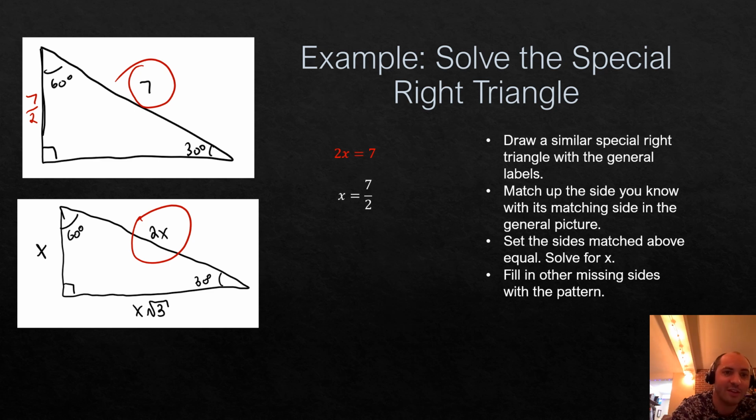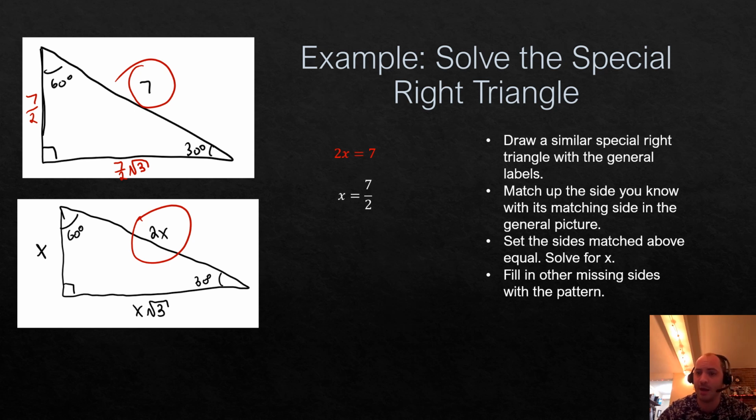So x is 7 halves, and 7 halves times the square root of 3 is what I have for that leg length there. And I've now solved my 30, 60, 90 triangle using my special right triangle rules. So if your teacher gives you an angle and you know you're in a special right triangle, this is a nice way to do it.